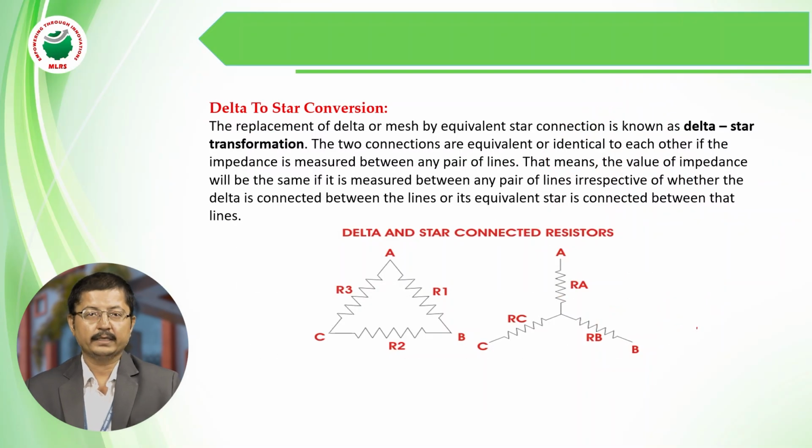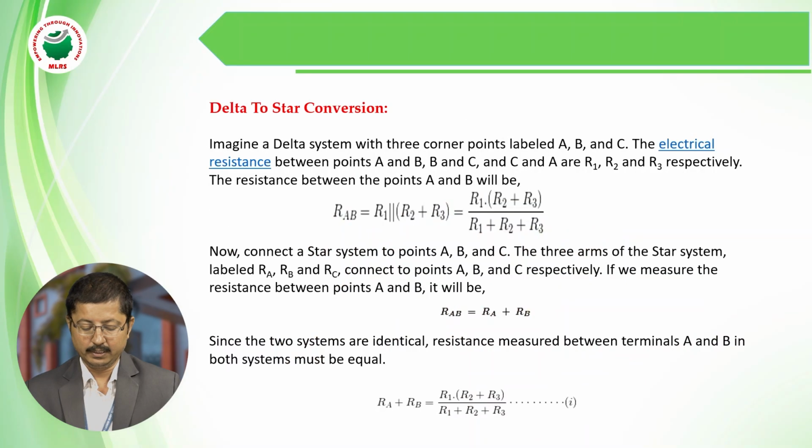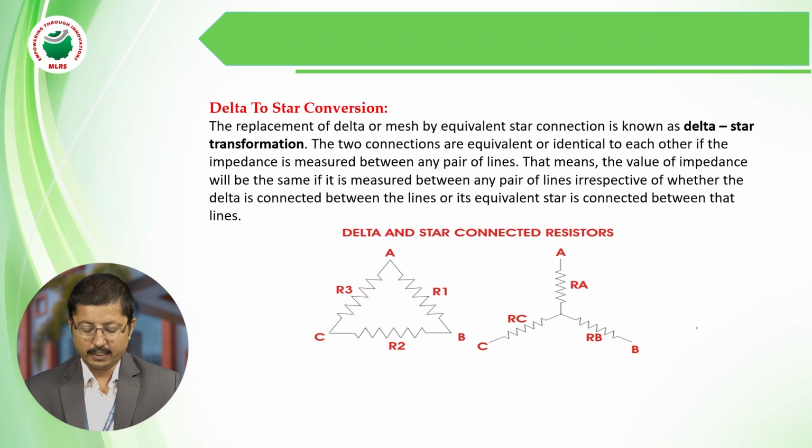Now the next technique that we are going to see is delta to star and star to delta transformation. For simplification purposes, this technique is also very useful. So now let us derive the conversion from delta to star and star to delta. For converting from delta to star, we have to consider these three diagrams.